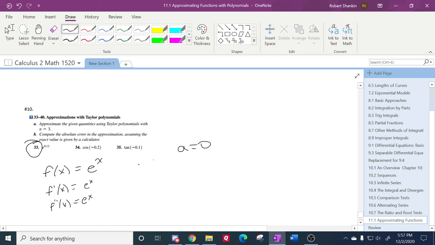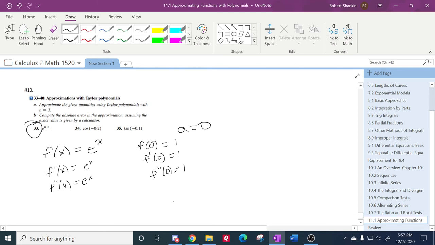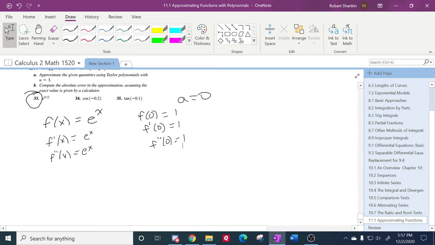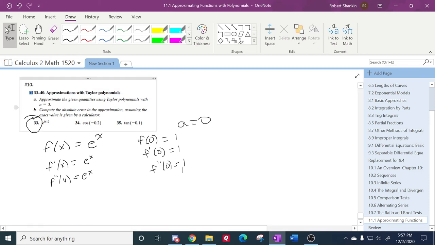f of 0, f prime of 0. And you're going to wind up getting 1s for each one of these. And then you could build up your Taylor polynomial with n equals 3.